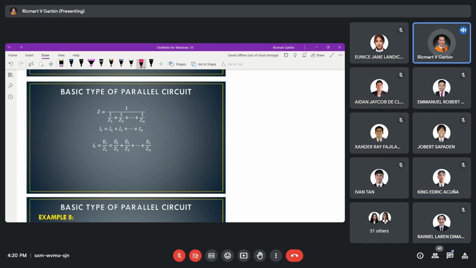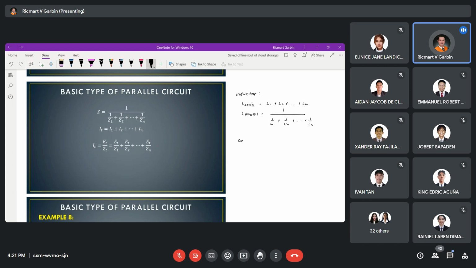So, paano naman daw yung behavior ng ating mga other elements? Kapag ang pinag-uusapan natin is an inductor, ang behavior niya will be the same behavior as the resistor. So, kapag inductors in series, that is just the summation of all the inductors, kung ilan man yan. Then, kapag inductors in parallel, that is 1 over L1 plus 1 over L2 plus kung ilan man yang inductors.